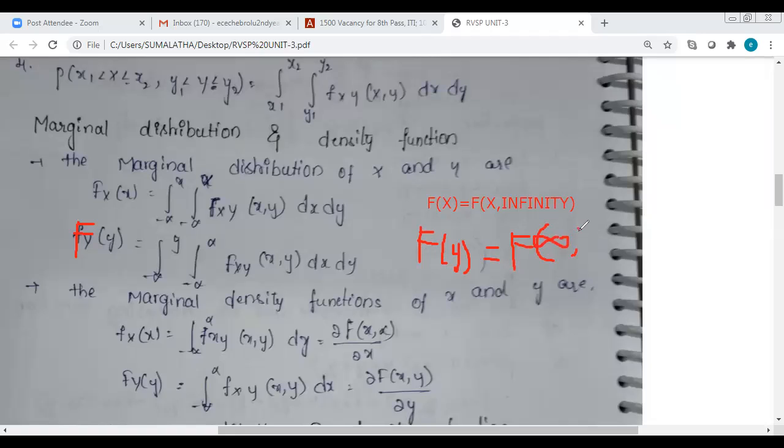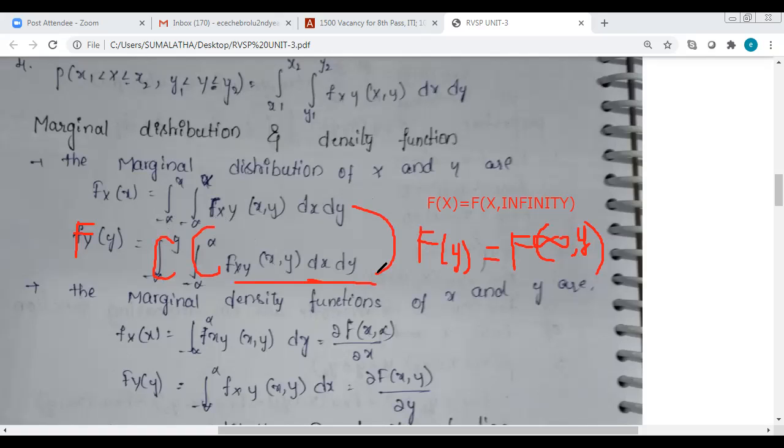Okay ma, based on this, here x is infinity, so integration from minus infinity to infinity, this integration is for x. Next integration from minus infinity to y of capital Fxy of x comma y dx dy. Okay ma, these are the marginal distribution functions for x and y.